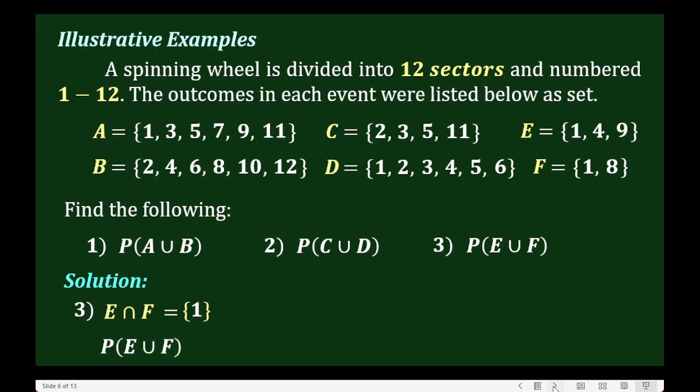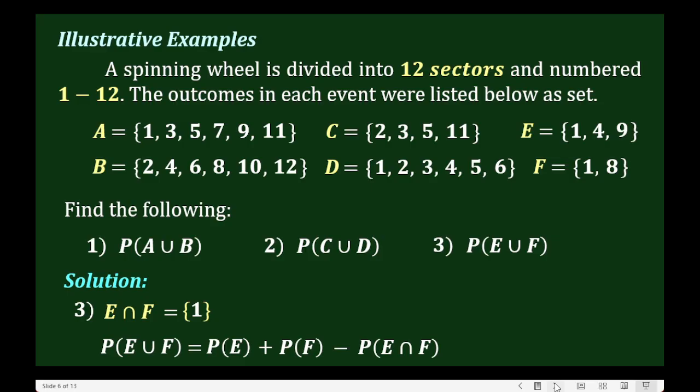Therefore, such a pair of events is known as not mutually exclusive. So for P of the union of E and F, we have P of E plus P of F minus P of their intersection.